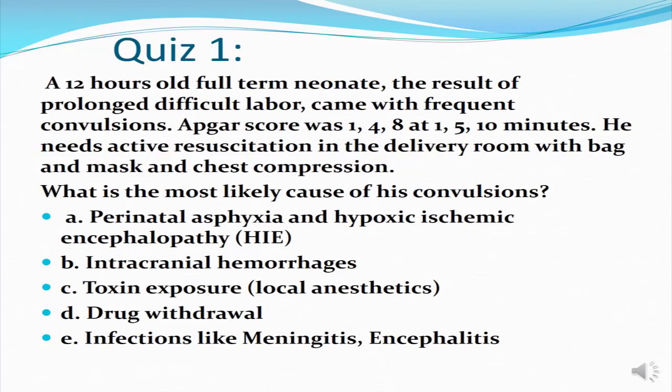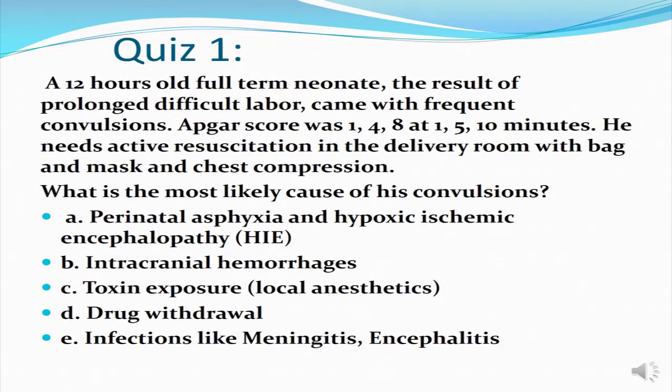We'll talk now about neonatal seizures, and you have to take this quiz. A 12 hours old full-term neonate, the result of prolonged difficult labor, came with frequent convulsions. The Apgar score was 1, 4, 8 at 1, 5, and 10 minutes. He needed active resuscitation in the delivery room with a bag and mask and chest compression.